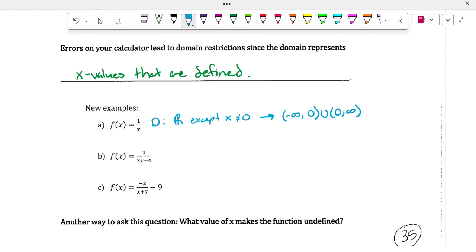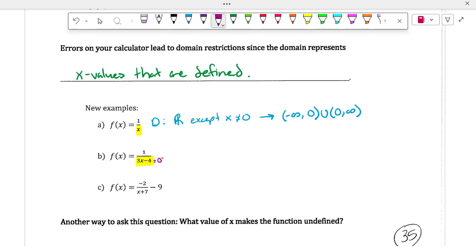All right. Keeping that in mind, in other words, you're setting that denominator equal to 0. What do you think the domain of B is? 4/3. Right.